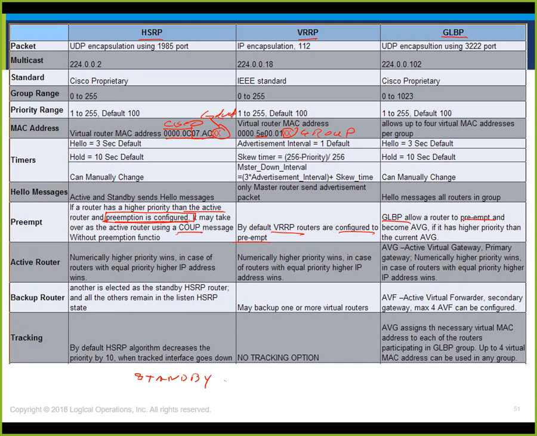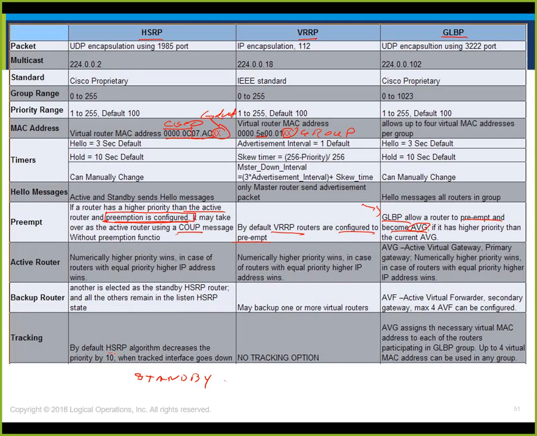GLBP allows a router to preempt and become the AVG, the active virtual gateway, if it has a higher priority than the current active virtual gateway. Numerically higher priority wins on these, and this one balances automatically based on configurations.